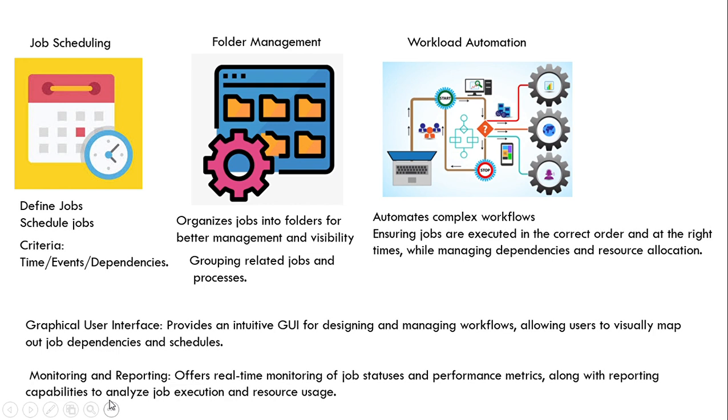You should also set the dependencies in case you want them. And you can do very good folder management in Control M with the planning stage. It helps us organize the jobs into folders for better management and visibility, and this kind of grouping helps us identify related jobs and processes.